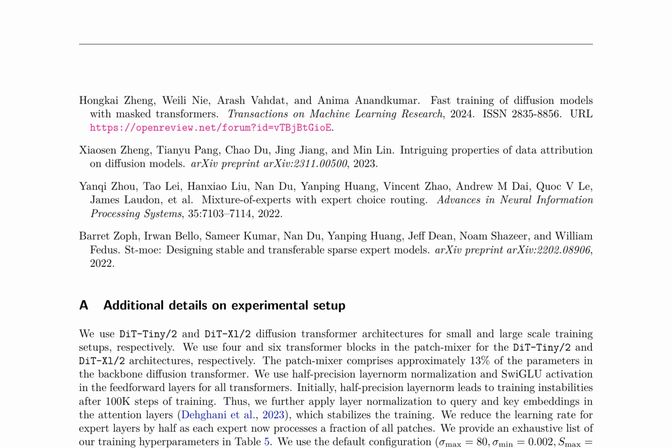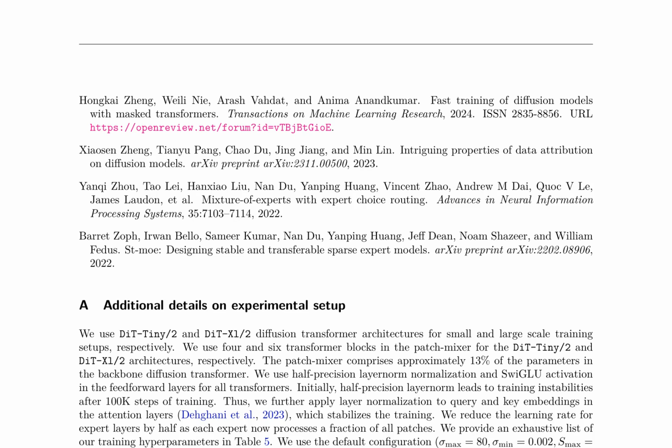The paper discusses the fast training of diffusion models with masked transformers, focusing on the DiT-Tiny/2 and DiT-XL/2 architectures. The authors use half-precision layer norm normalization and SwiGLU activation in the feed-forward layers for all transformers. They also apply layer normalization to query and key embeddings in the attention layers to stabilize the training.